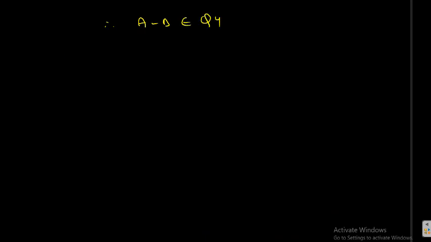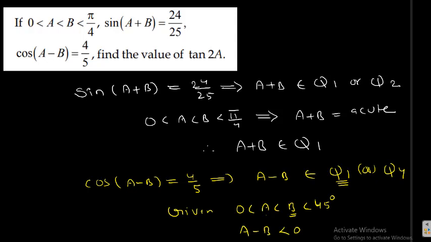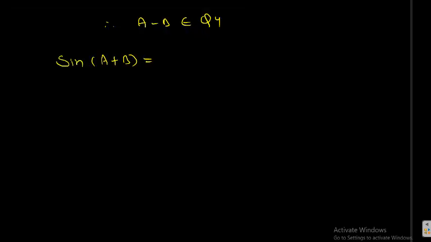Okay. Again I want to write sin of A plus B value equal to 24 by 25, comma A plus B belongs to Q1. That is the first thing. Next, what I got, I will write here.